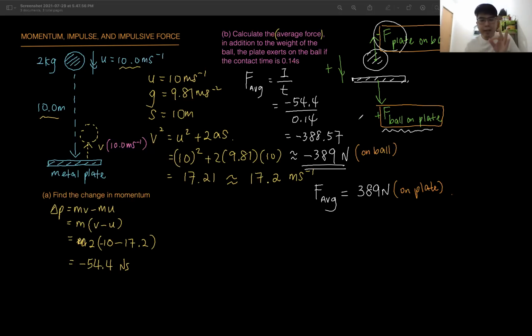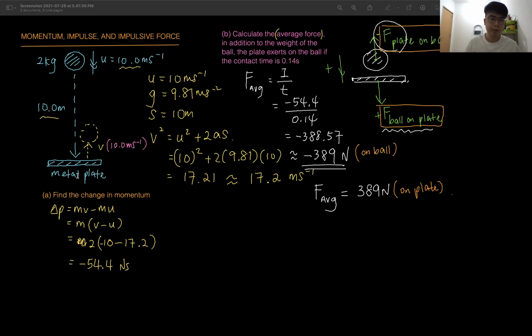In any calculation of the impulsive force, there will be a negative, meaning you are always calculating the force acting on that incoming object. If you want to calculate the force acting on whatever object is being hit, that is a positive force. Okay, action and reaction time.